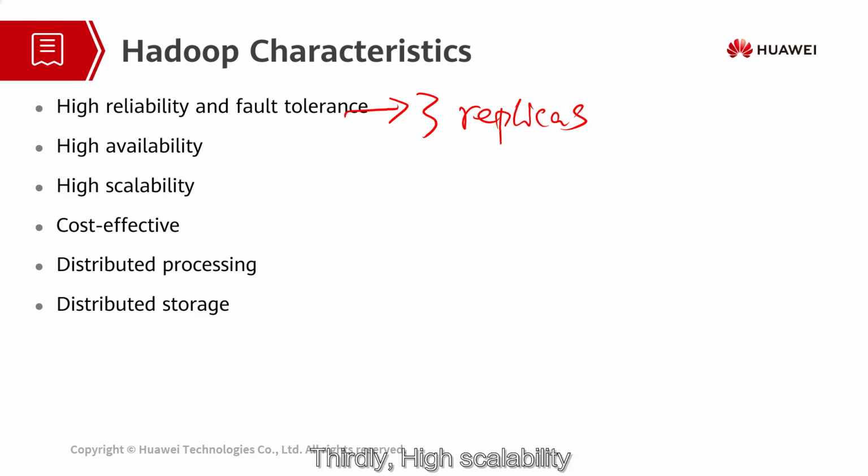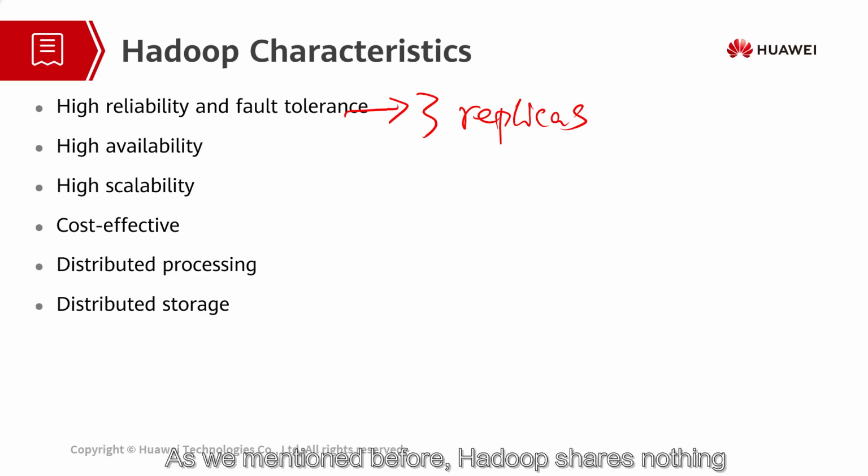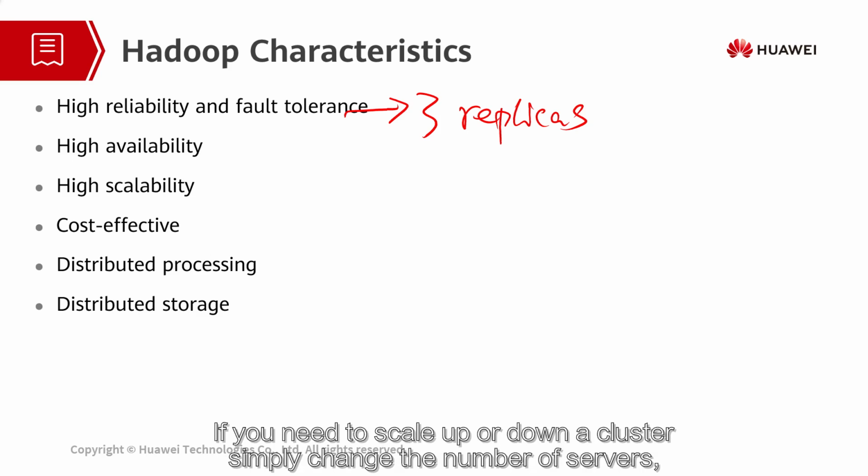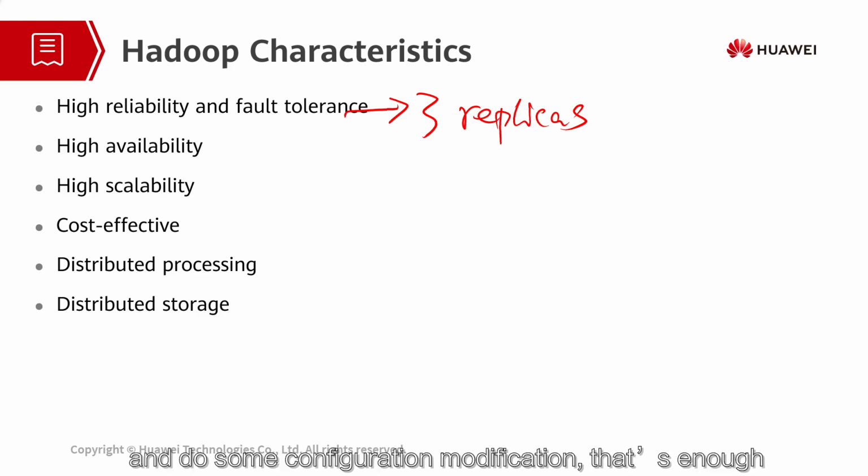Thirdly, high scalability. As we mentioned before, Hadoop shares nothing and it uses a distributed architecture. So Hadoop is inherently highly scalable. If you need to scale up or down a cluster, simply change the number of servers and do some configuration modification. That's enough.